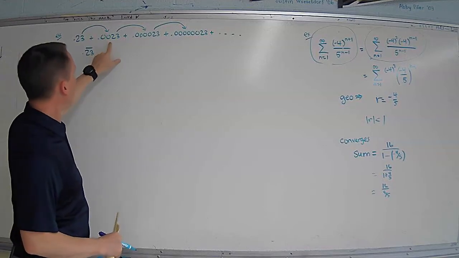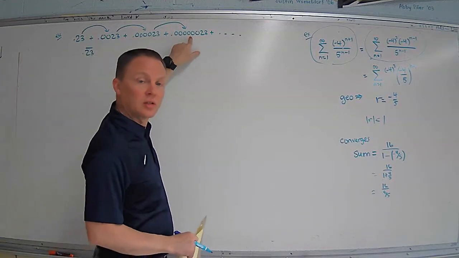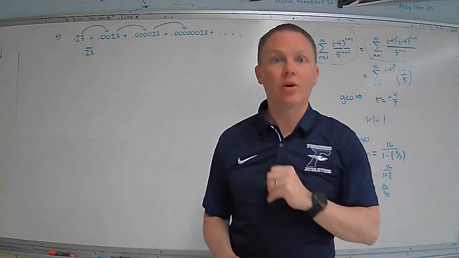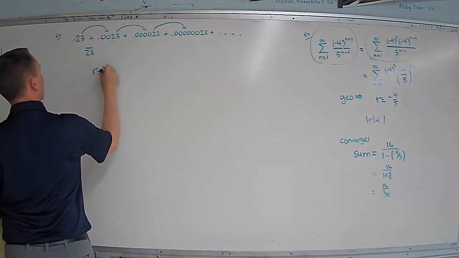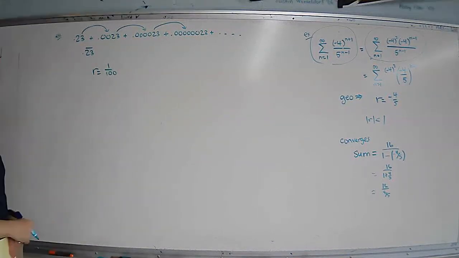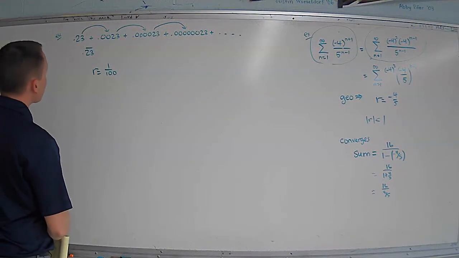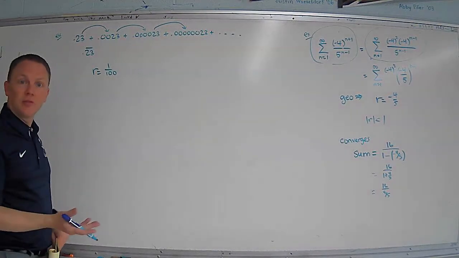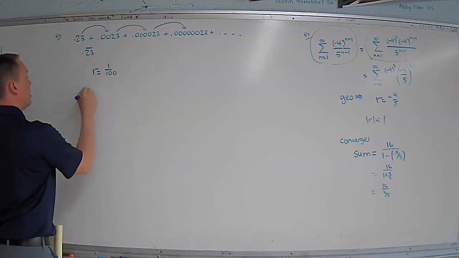Hopefully you're seeing it. It's 1 over 100. The common ratio is 1/100, or 0.01. So that means that this thing converges. The common ratio is less than 1.